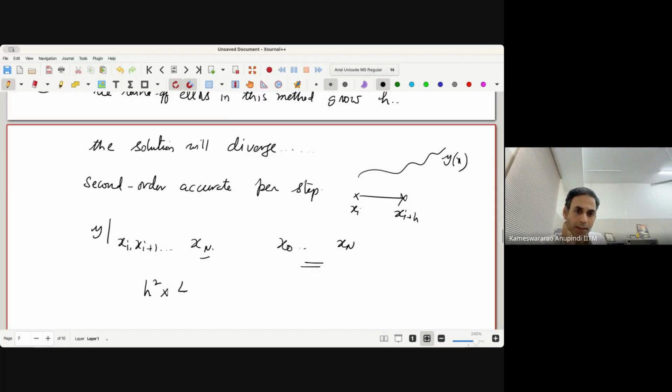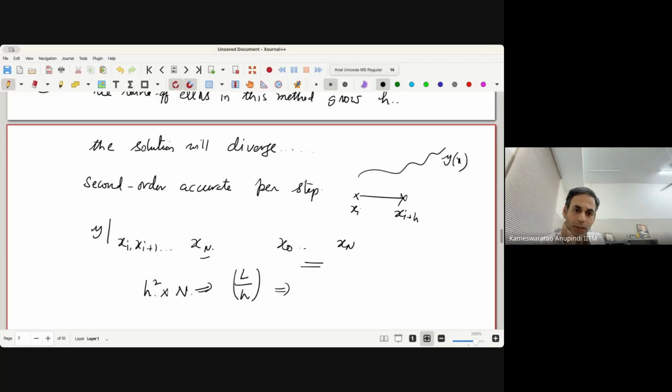You would do length divided by h, right? So when you integrate this n times, that is basically nothing but your length divided by the step size h.